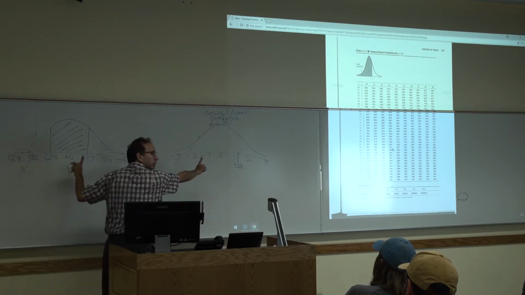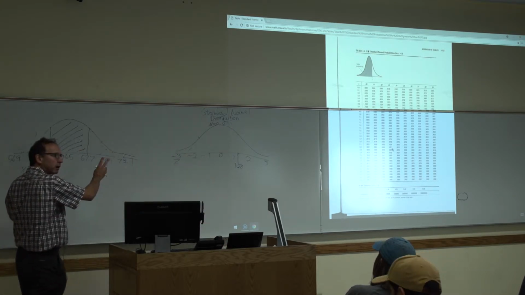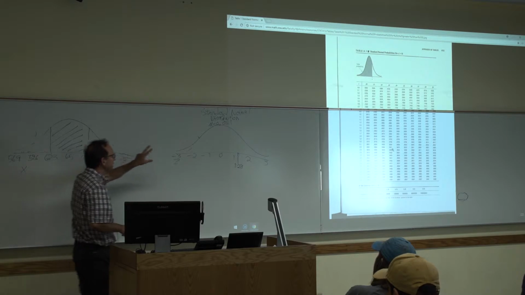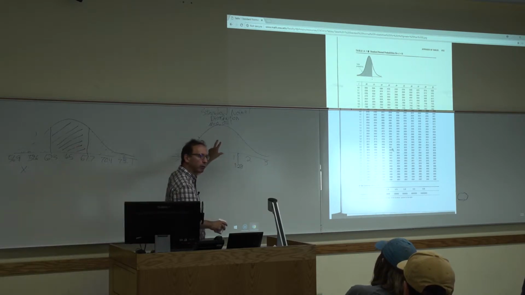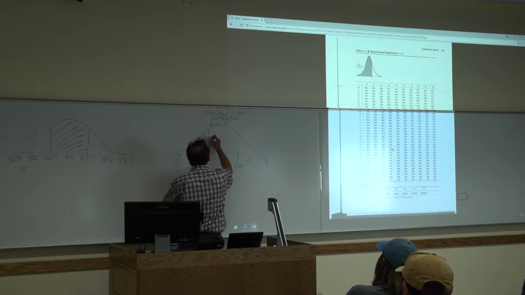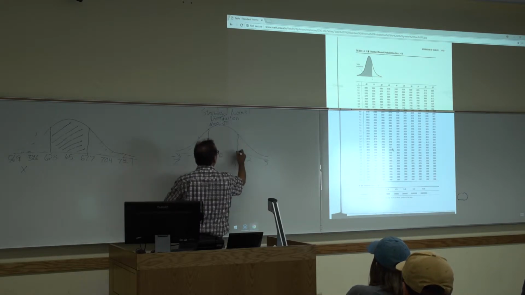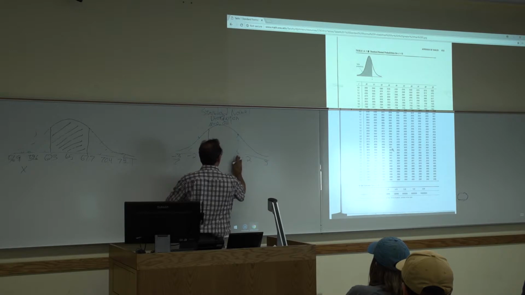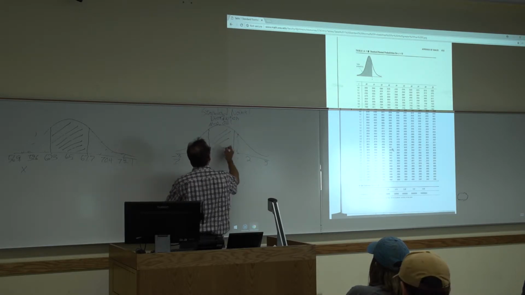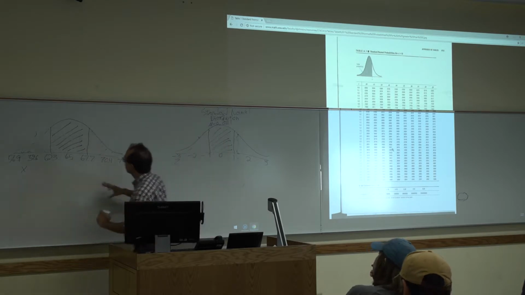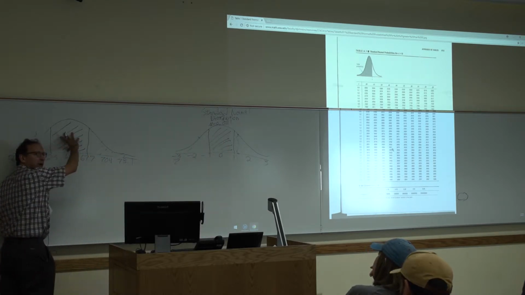Just comparing the two, they're both normal curves here. So this area here is going to be the same as what area over here? The area under the curve between what and what? Negative 1 and 1. So this area, same as this area.